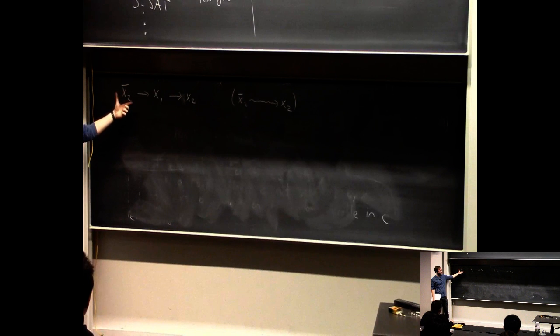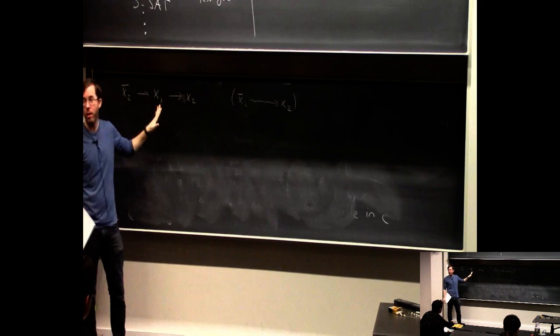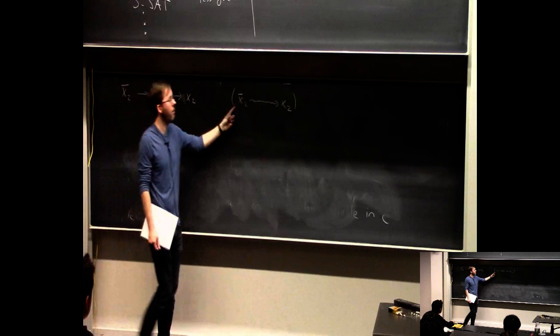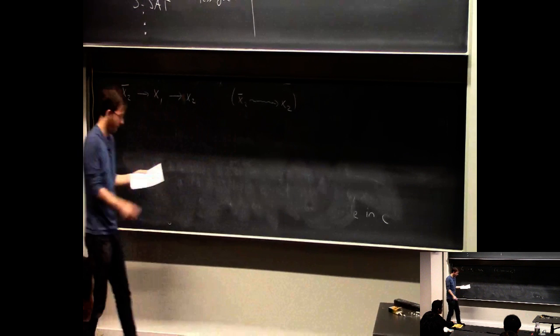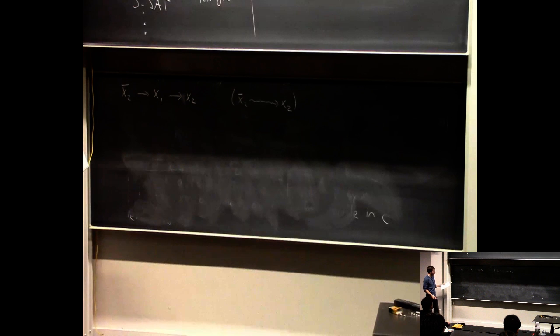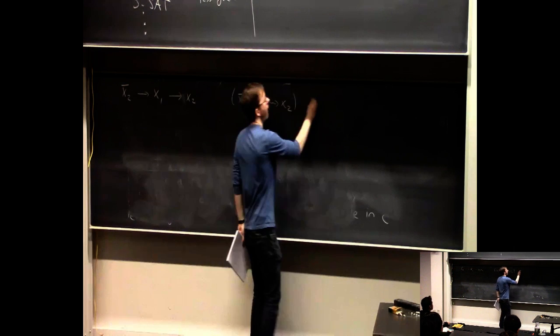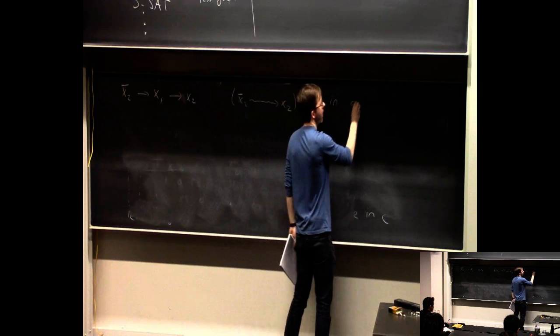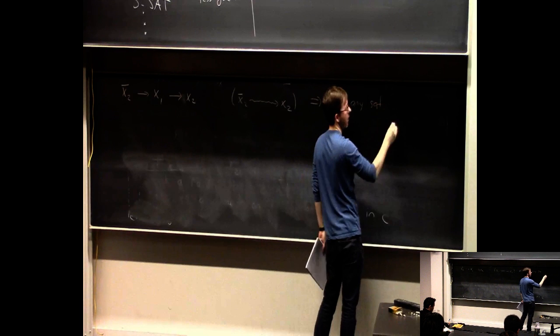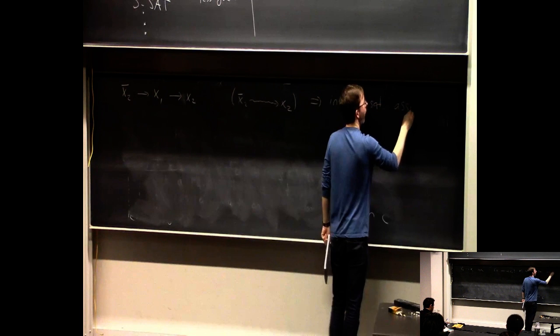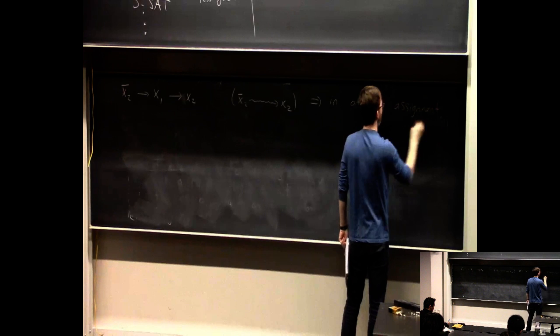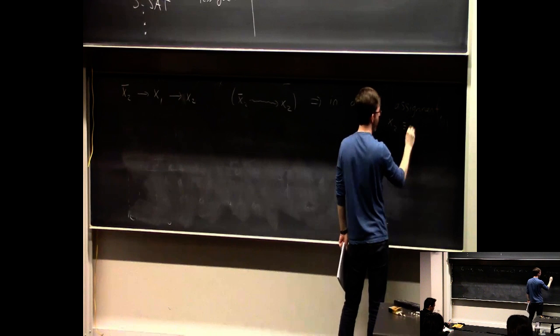It tells us that if you're going to have an assignment that satisfies the input, x2 better be true. It just means x2 had better be true, right? That's the only way you can satisfy an implication like this. So in any satisfying assignment, if such exists, x2 had better be true.